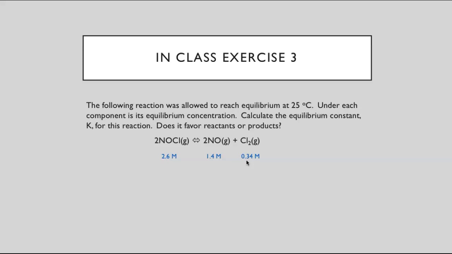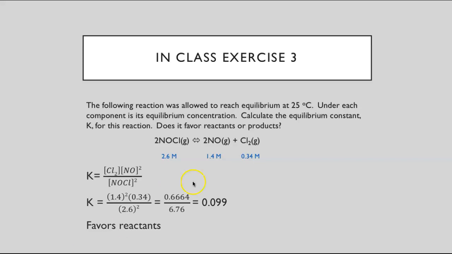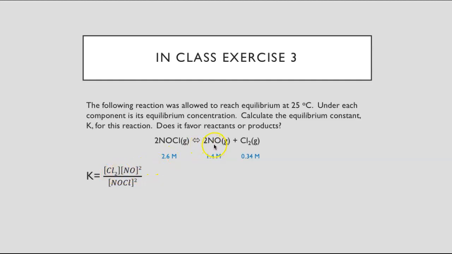So the first thing you want to do is write the equilibrium expression. Oh, and it's not going to let me click on it without getting rid of the pen. Okay, so the equilibrium expression, let me go back, is going to be the concentration of NO squared times the concentration of Cl2, and I just wrote them in reverse order, but it really doesn't matter, divided by the concentration of NaCl squared.